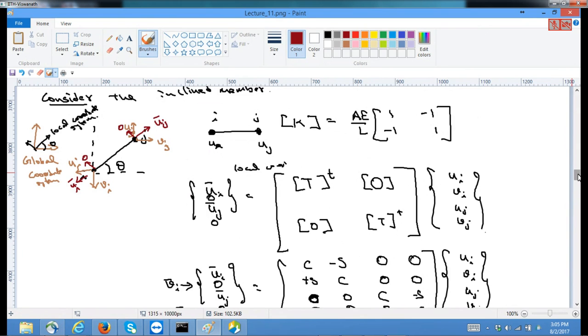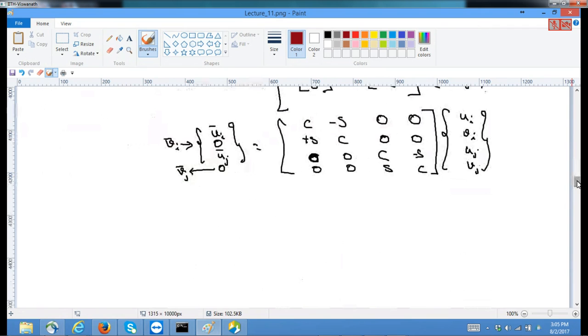So using this special transformation matrix we can convert the local things.